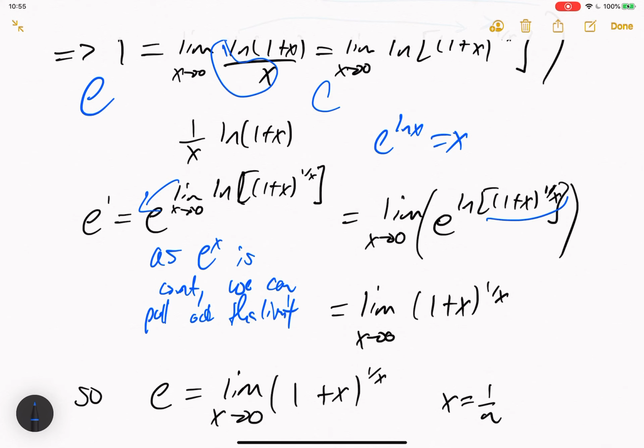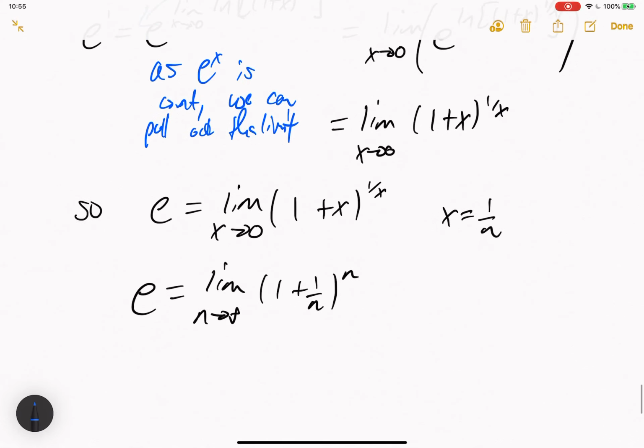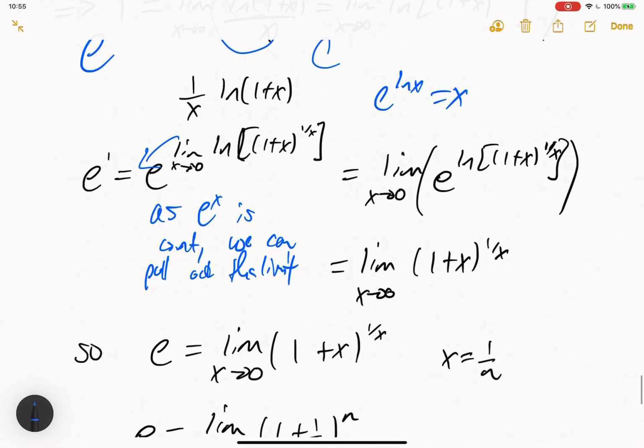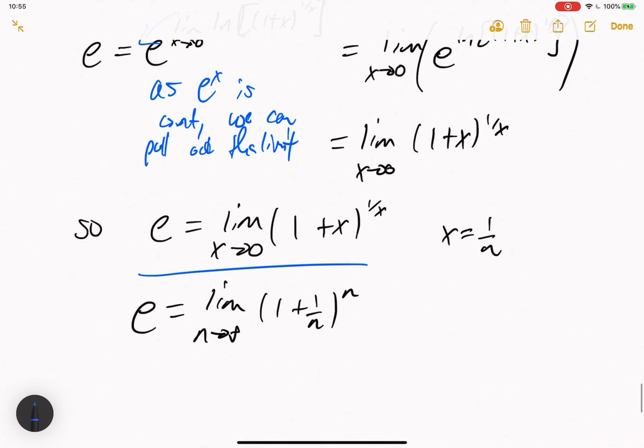So the argument comes down, and we get the limit as x goes to 0 of 1 plus x raised to the 1 over x. So this right here is e to the 1, but that's just e. So we get e is equal to the limit as x goes to 0 of (1 plus x) raised to the 1 over x.